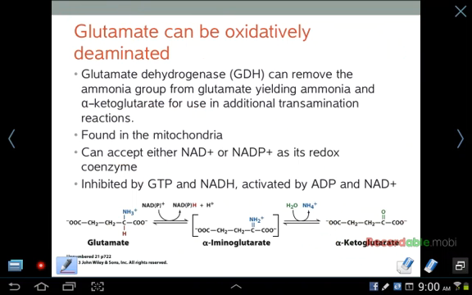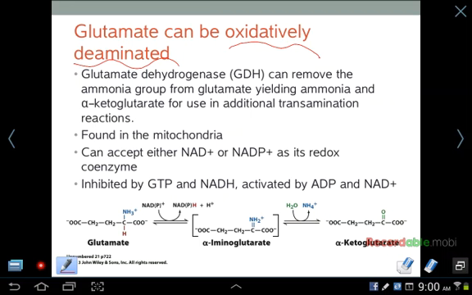So glutamate can be oxidatively deaminated. This is the only amino acid that can actually be oxidatively deaminated, which makes it unique for being able to accept ammonia or nitrogen groups from other amino acids that need to be degraded.